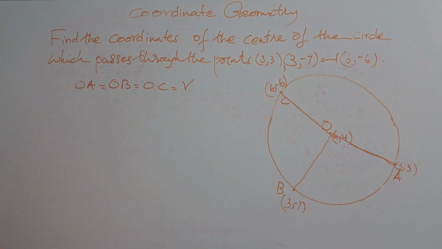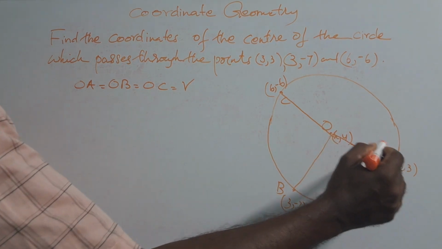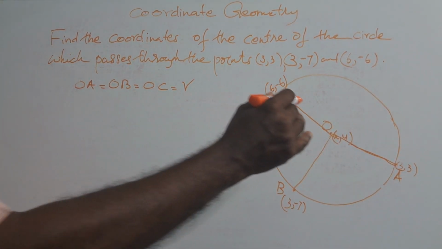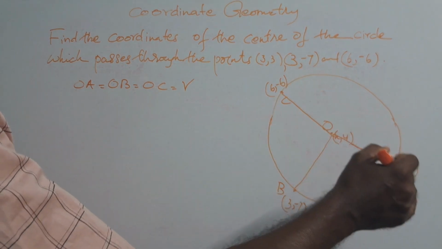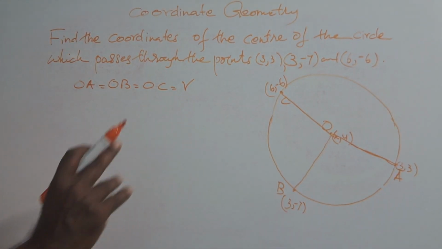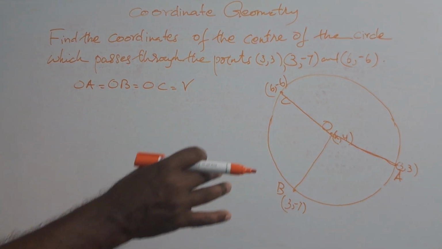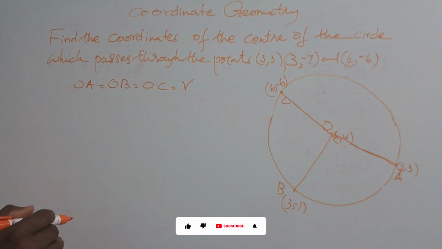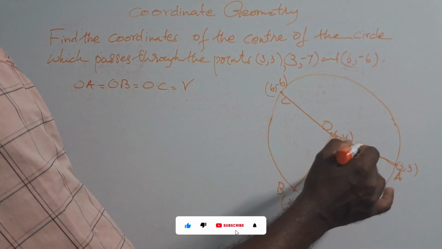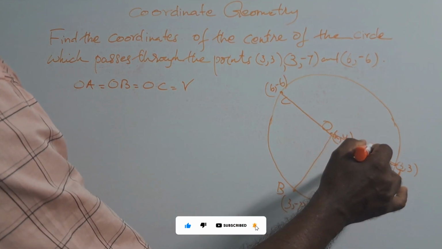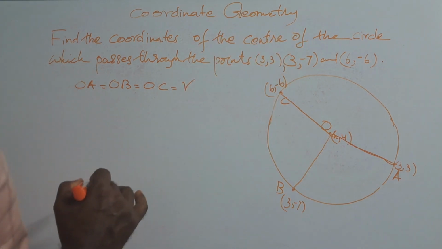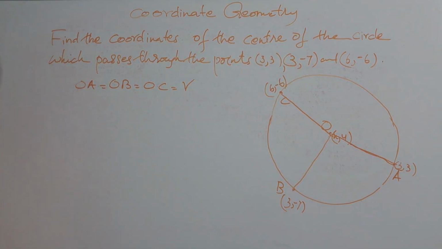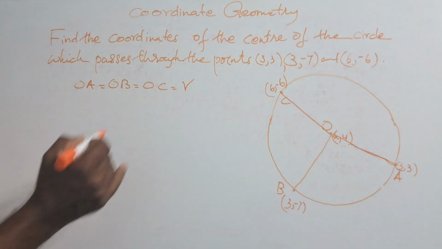Using the distance formula, we can relate OA and OB, then OB and OC. We need two equations, therefore we equate the radii in two equations.